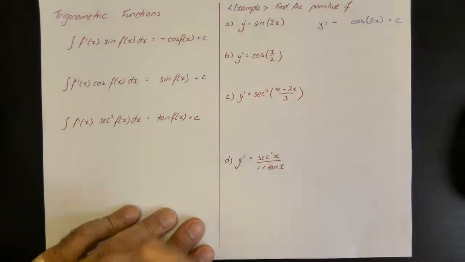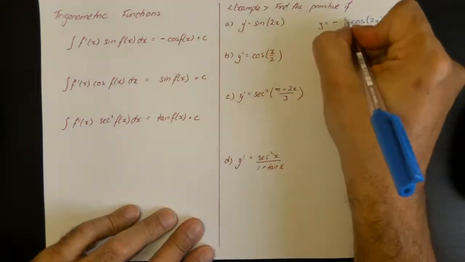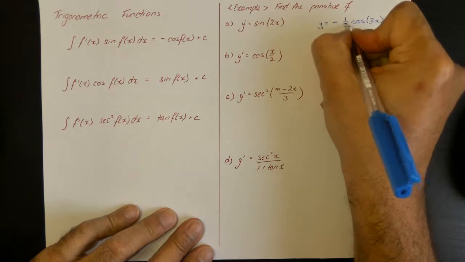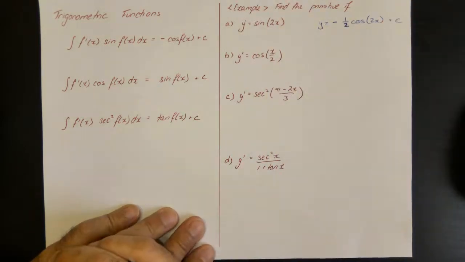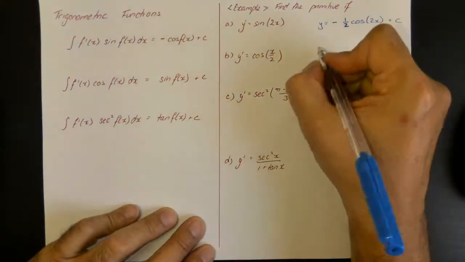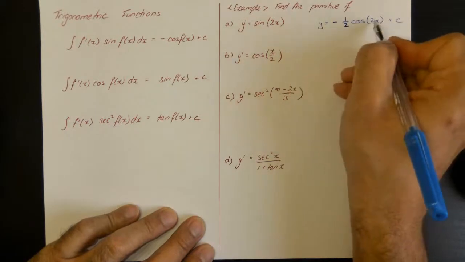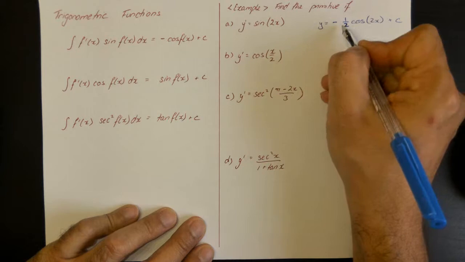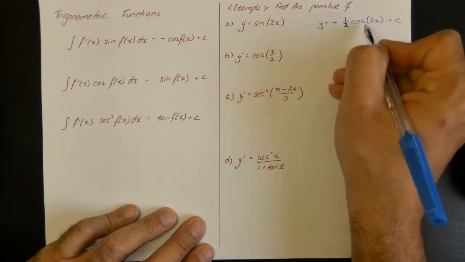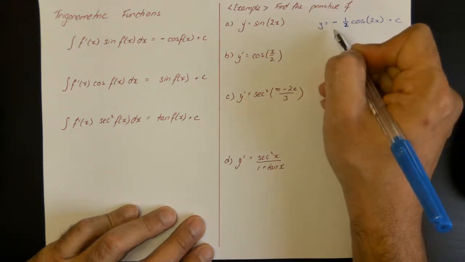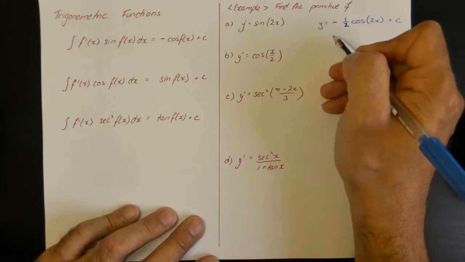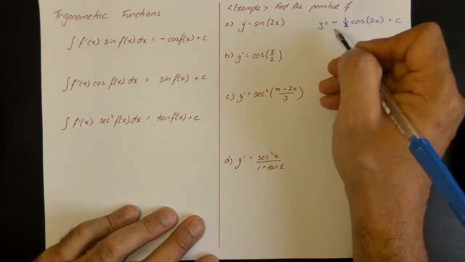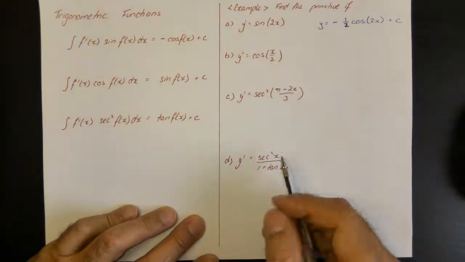And I've got 2x, so I need to compensate for that 2x, so it's a half. Okay. You can check it because to differentiate that, 2 times negative a half is negative cos, but differentiate negative cos becomes negative sine, so 2 negatives become positive sine.